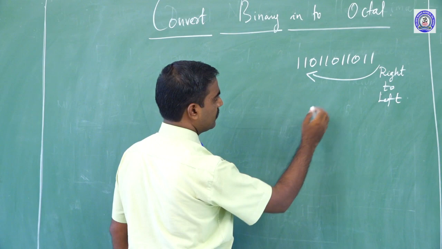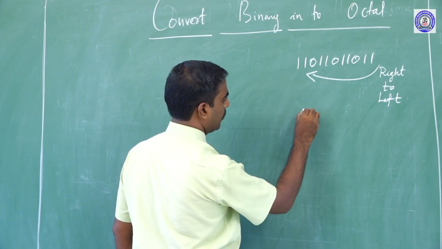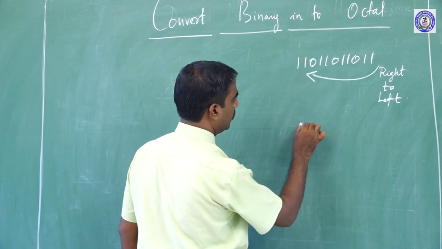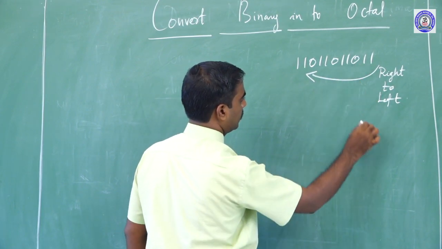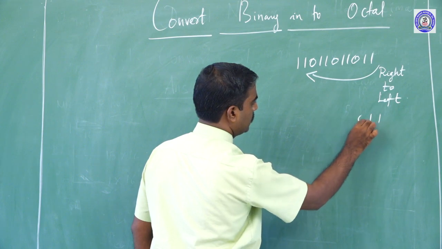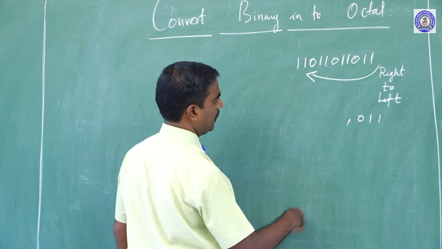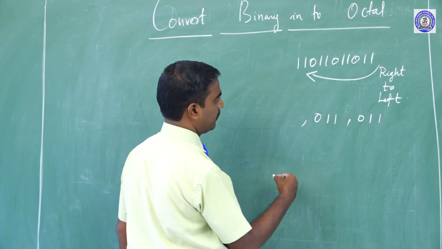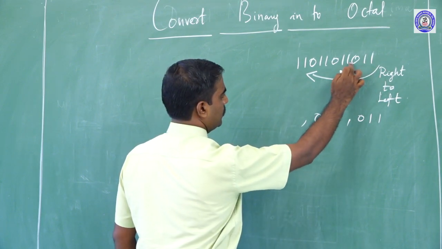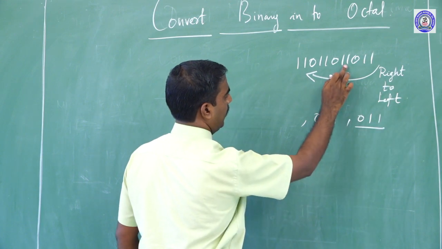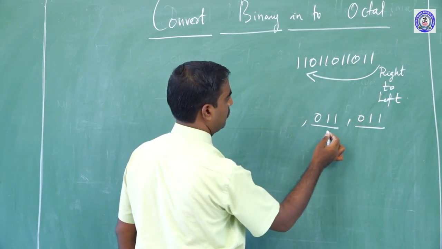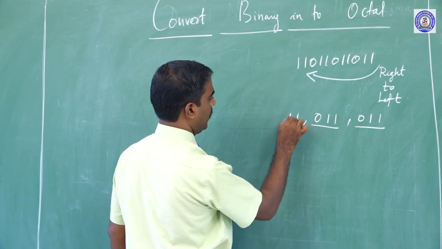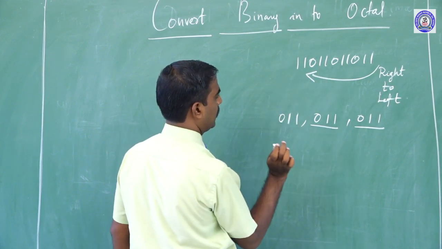Next, each 3 digits, right to left. Here 1 2 3. That's why 1 1 0 we separate, and then 1 1 0 again we separate, and then 1 1 0. Clear?